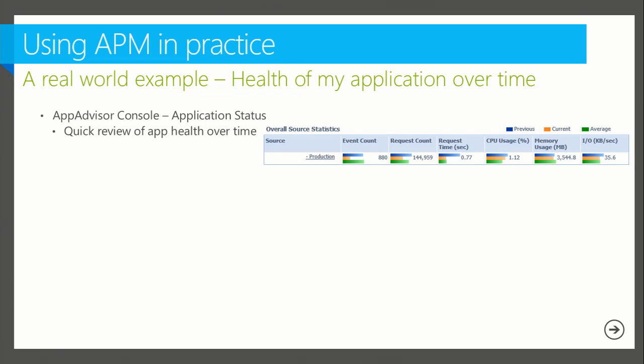So a great report for running after you've done a publish of code, and you want to validate that a certain set of exceptions have gone away, and you also want to see if this new code has any new exceptions.